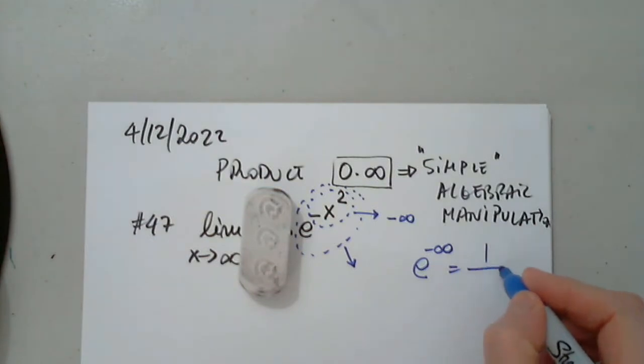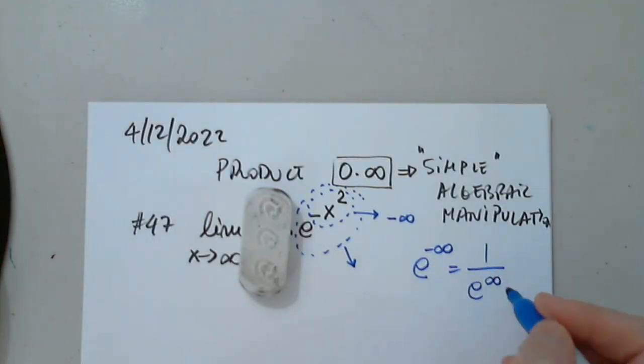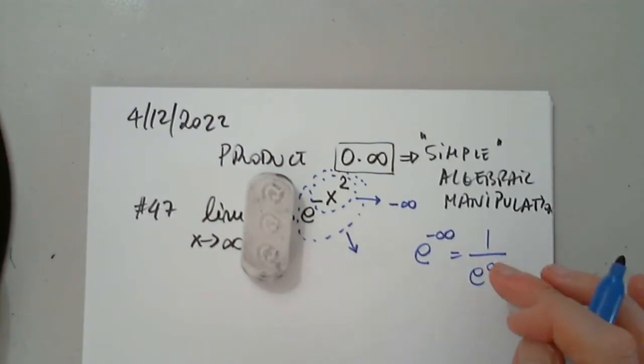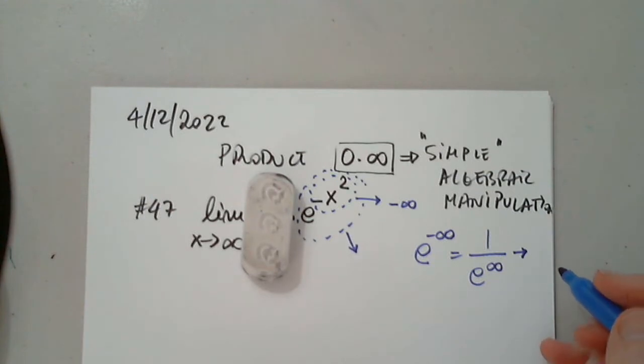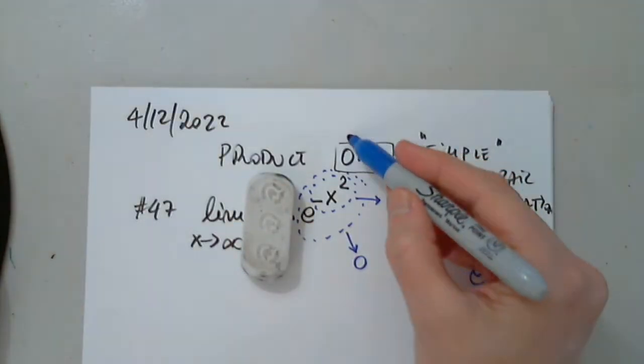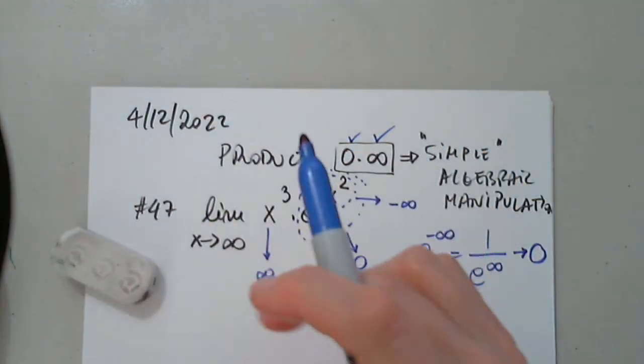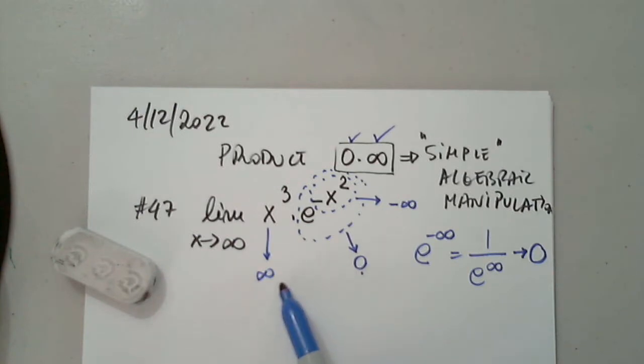So this is 1 over e to infinity. We wrote this many times, so please try to understand this. This is very important. Where is this going then? 0. Excellent. Voila. So the case is 0 times infinity.